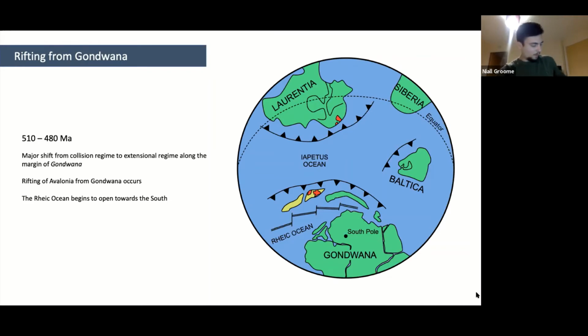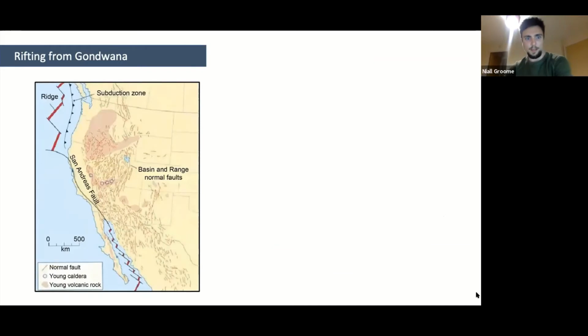And so we think that the best way to explain this is if we have the oblique subduction of a mid-ocean ridge, pretty similar to modern day California. So we have the Pacific rise, which is being subducted, well, was subducted during the Cenozoic beneath the Western United States.